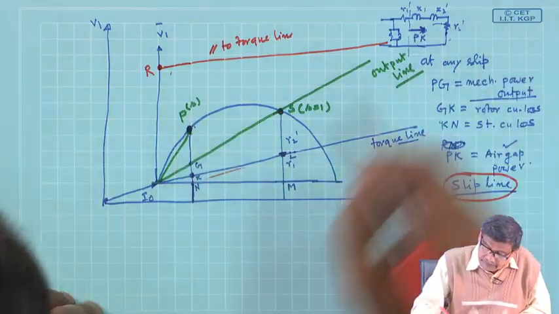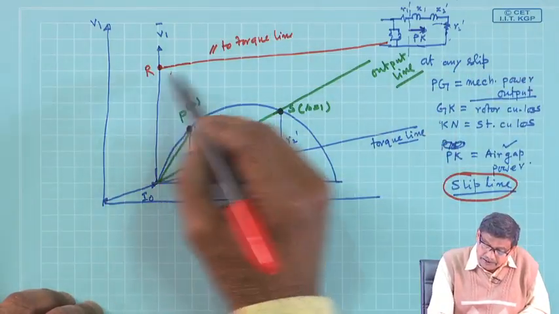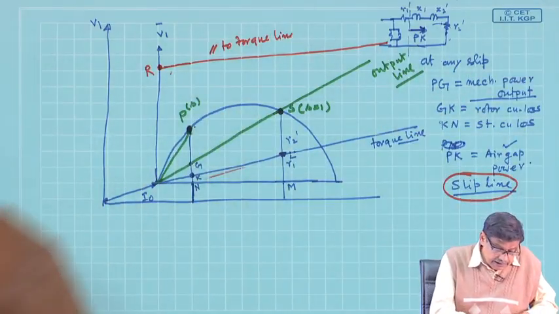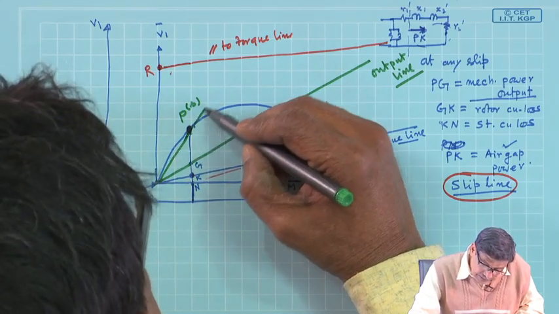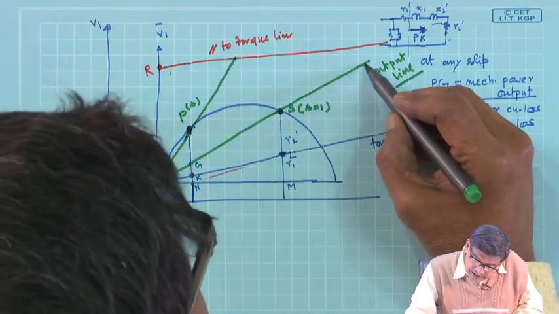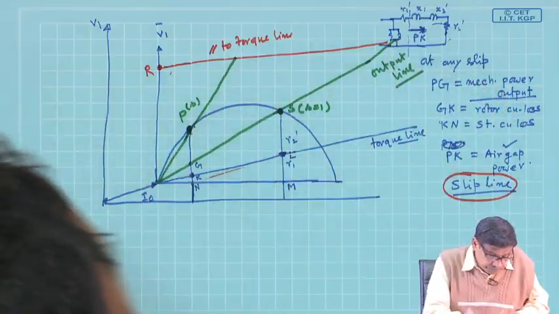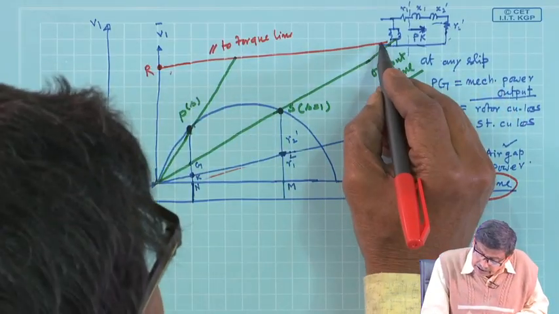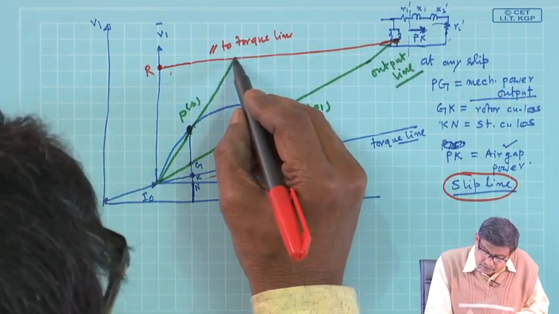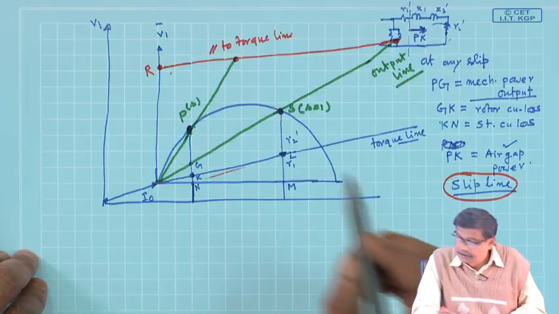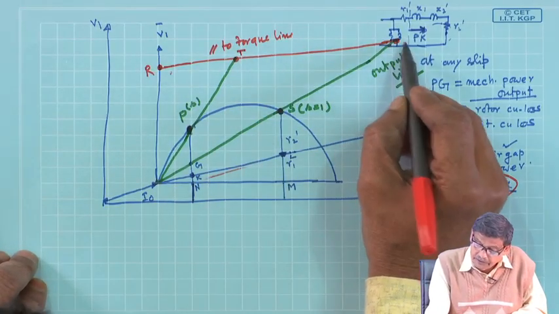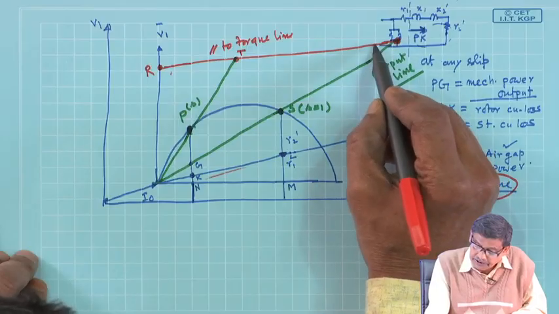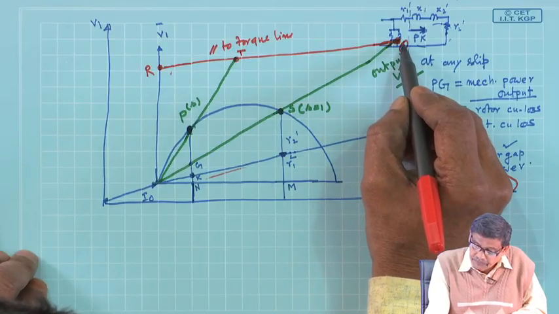Then you extend these lines, this one and this one, so it intersects at these 2 points. This point I called T and this point I called Q.